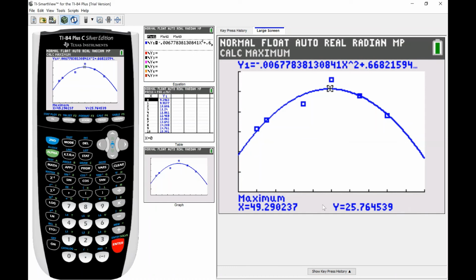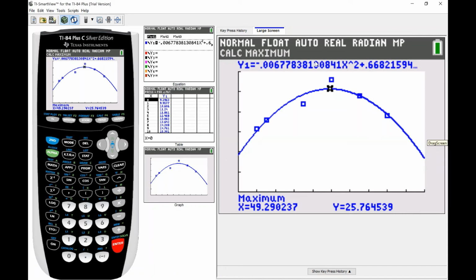So my y value at 25.76, that's my maximum miles per gallon. The speed at which I get that is 49.29. Now, if you rounded, then your values are slightly different.